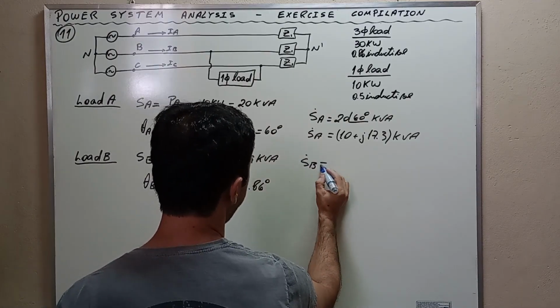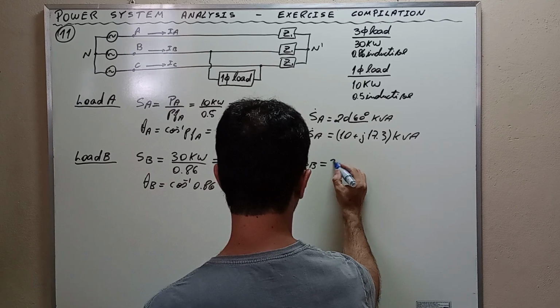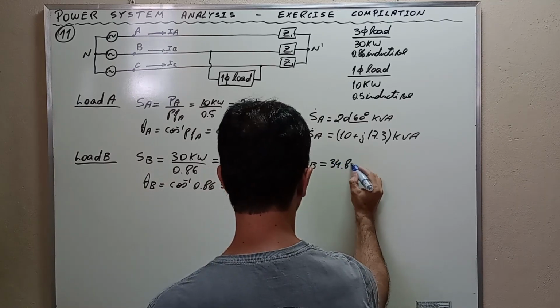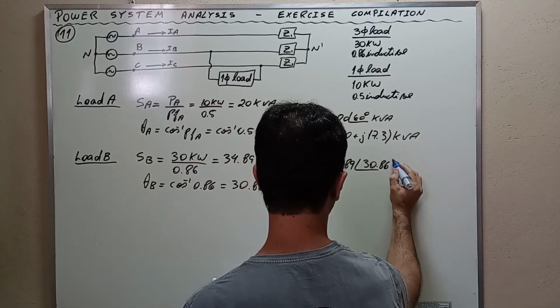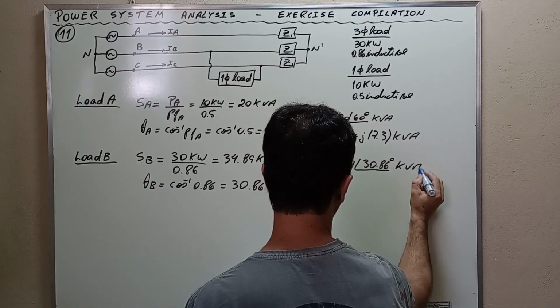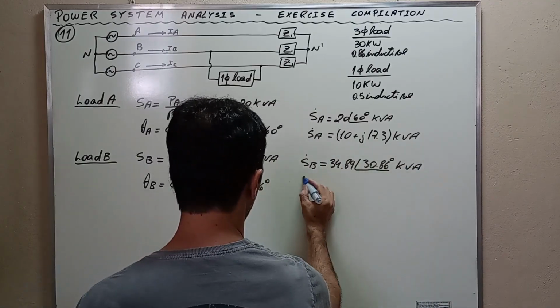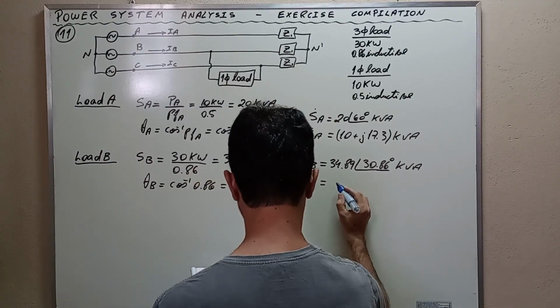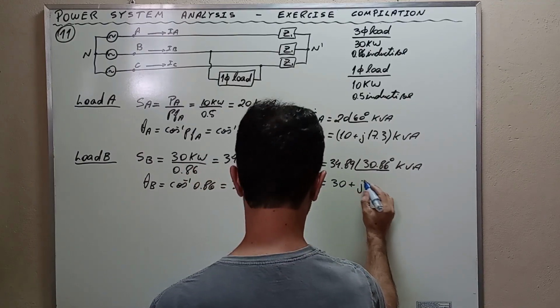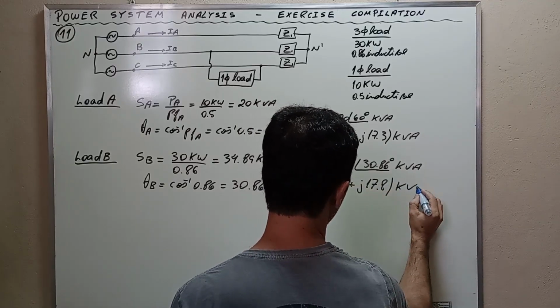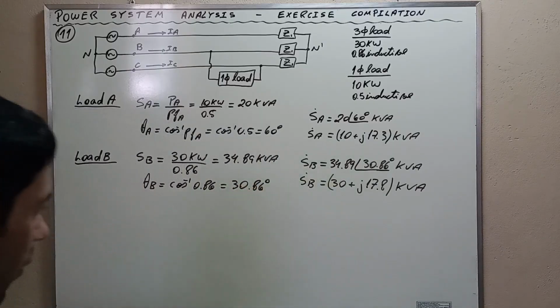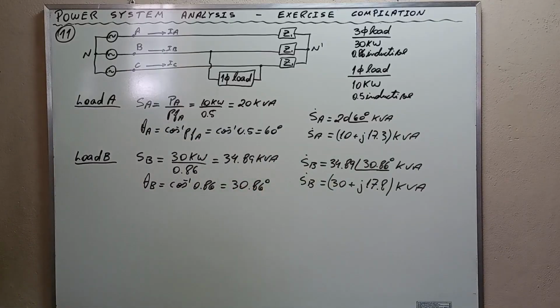With the apparent power and the angle, we can compose the complex power, and the complex power of the three-phase load is equal to 34.89 phase 30.86 degrees kVA, or if you prefer, S_B is equal to 30 plus j17.8 kVA. All we need to do now to finish the exercise is to combine the real powers and the reactive powers.